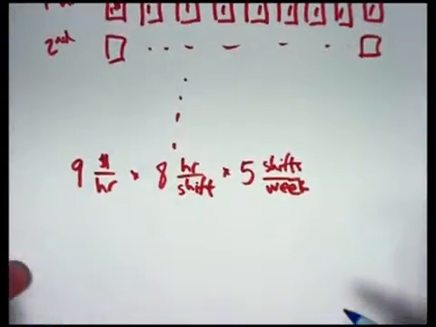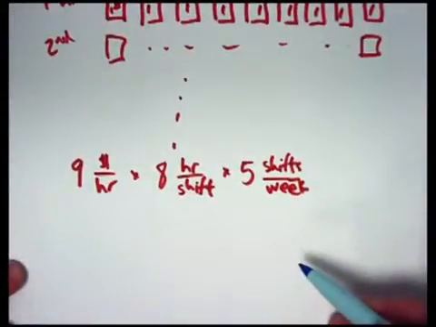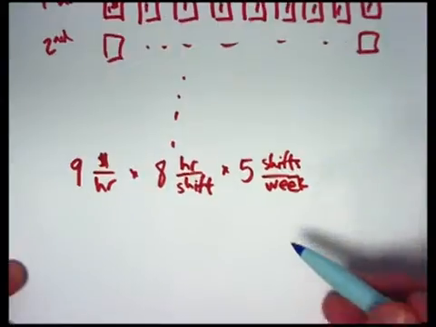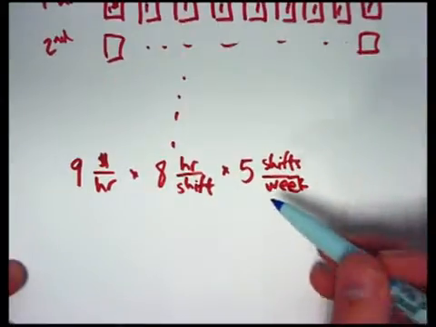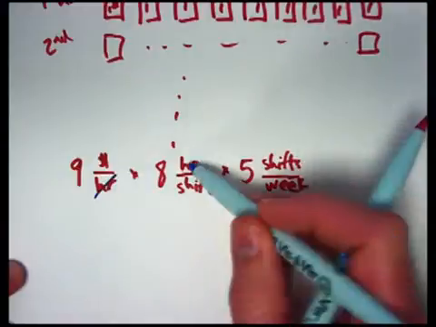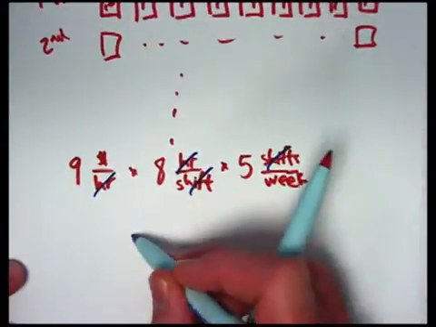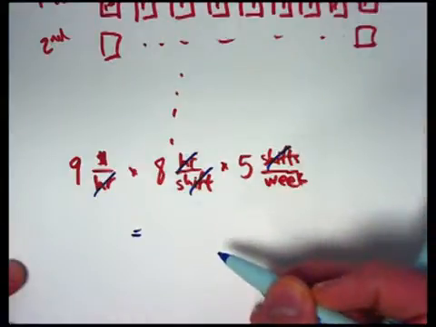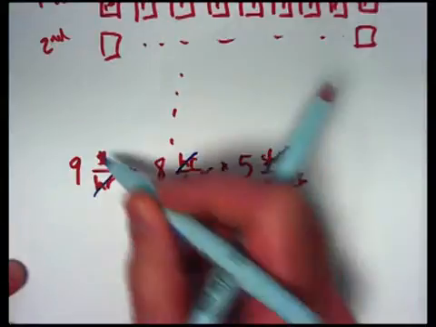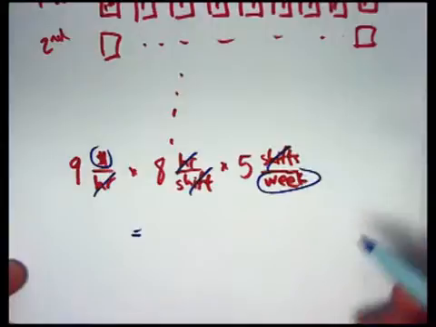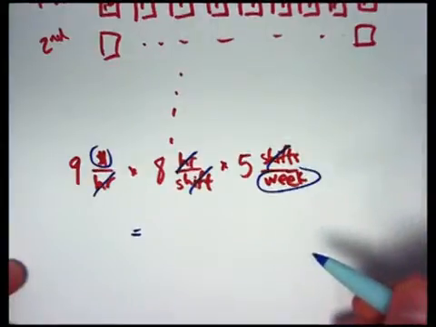Coming back here, it is probably best to write it as I've done, though then your answer will be in dollars per week, because the hours cancel and the shifts cancel. This multiplication is going to give you the number of dollars per week for your final answer.